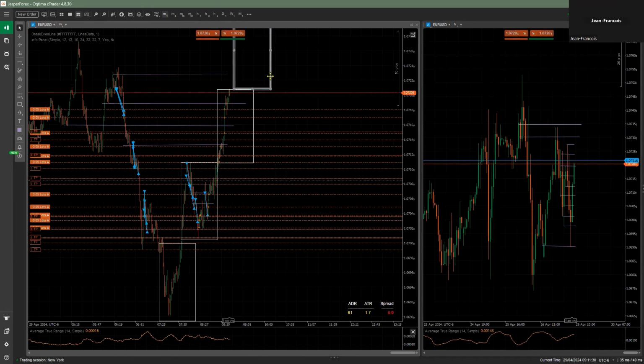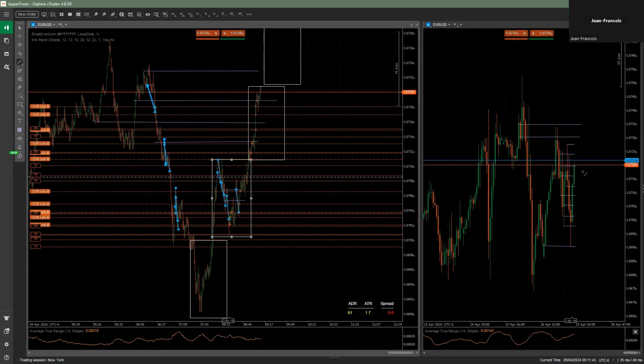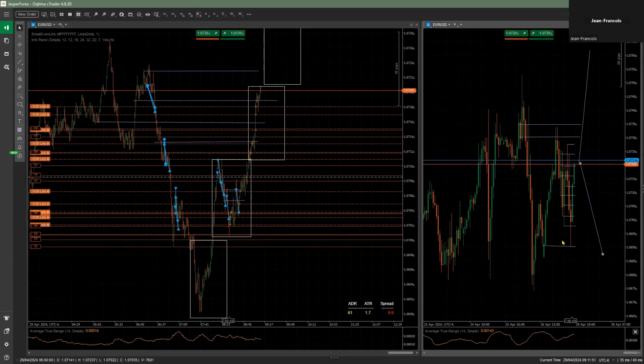Now let's see what comes of this next leg, the next move. Is this going to go like this, or is this going to go like that from that blue line?